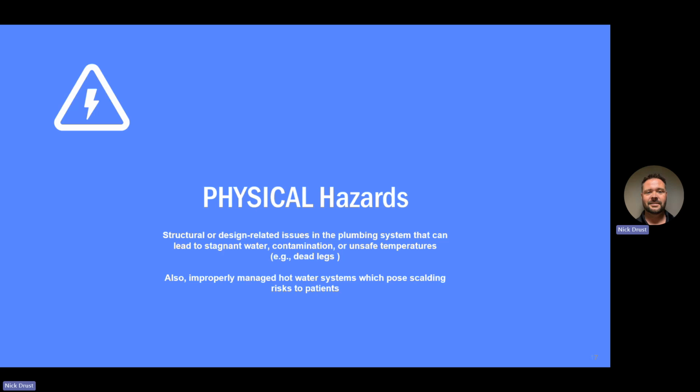Examples include dead legs, low flow areas, stagnation, oversized plumbing, inadequate circulation, poor temperature control, and aging infrastructure. For example, if water sits stagnant in a section of pipe for extended periods, disinfectant residuals diminish, temperatures drift into growth ranges, and biofilm begins to develop. Once that occurs, the environment becomes much more favorable for pathogens.